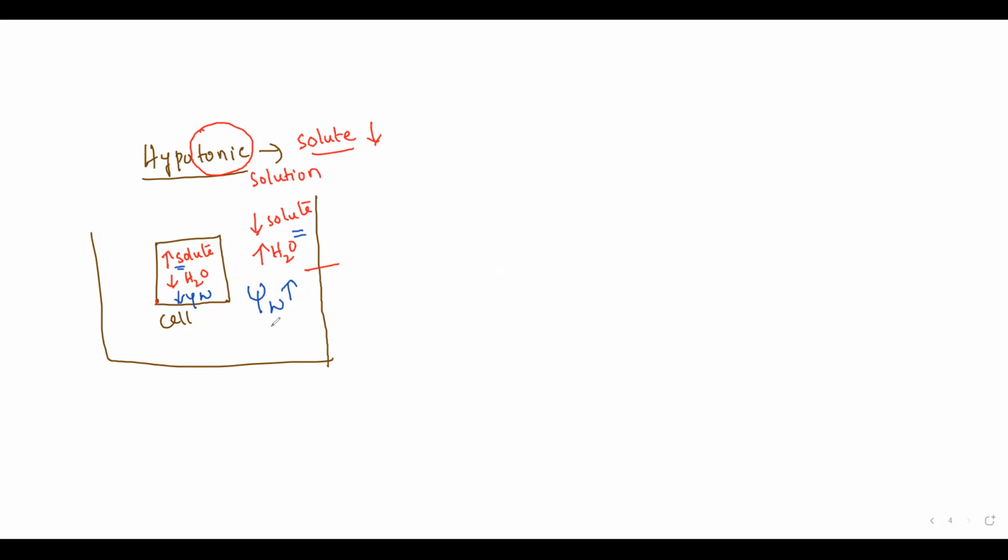So now, children, the water moves from a higher water potential into a lower water potential. So obviously the cell present here is going to take up more water and swell, and it becomes very turgid, very tight completely. The water is applying pressure on the membrane, and it becomes turgid.